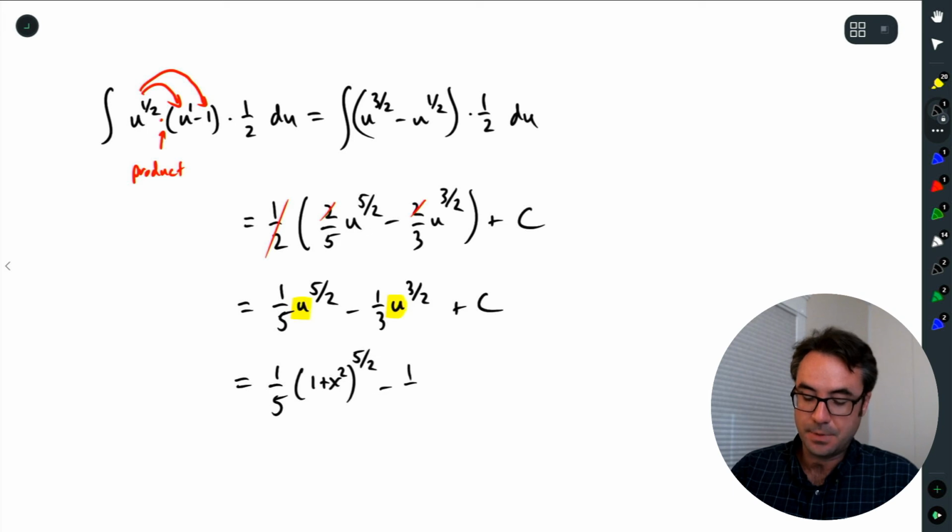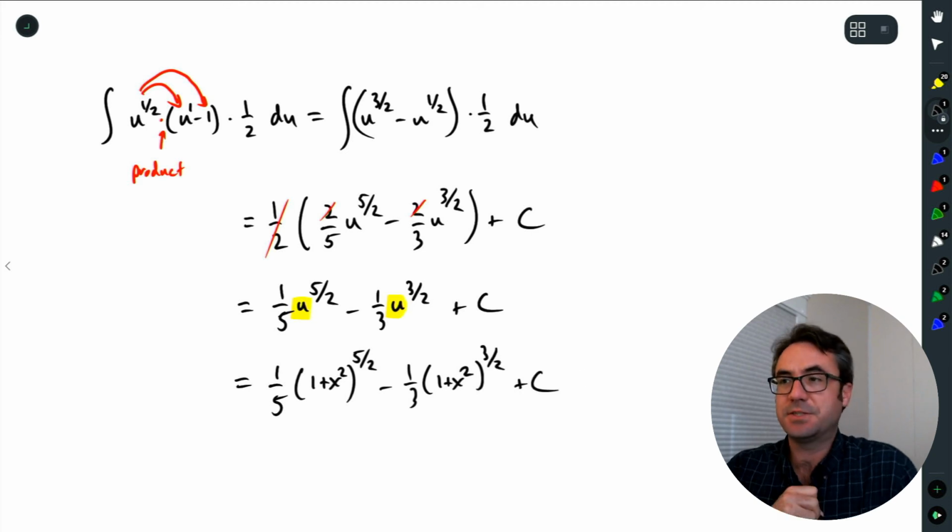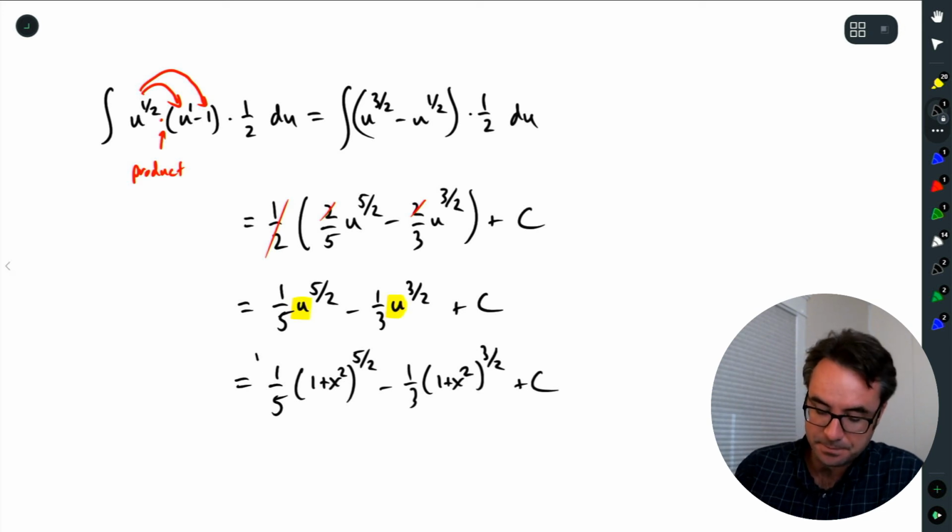There we go. And then we have minus 1/3, 1 plus x squared, raised to the 3/2, and then we are plus c there. And yeah, that's our antiderivative. We got it.